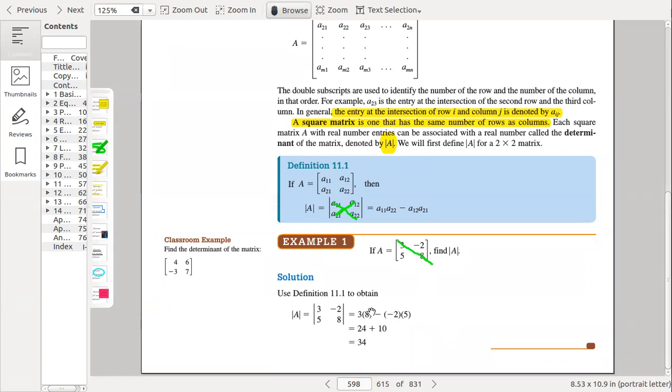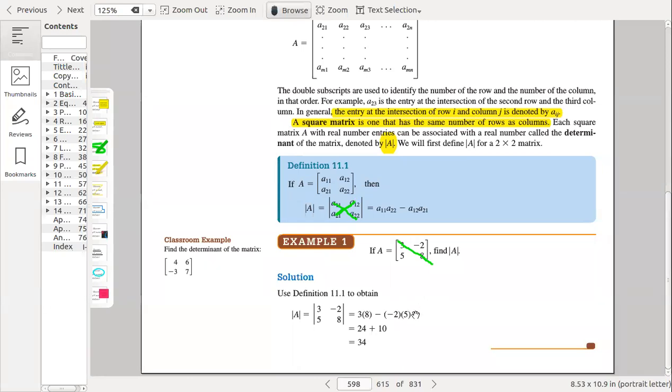Then we put the minus sign and use brackets to avoid mistakes; if we don't use brackets, we can make a mistake. Then we multiply 5 with minus 2, which gives minus 10. Minus and minus will be plus, so it will be plus 10. So 24 plus 10 is equal to 34. So the determinant of this matrix is 34.